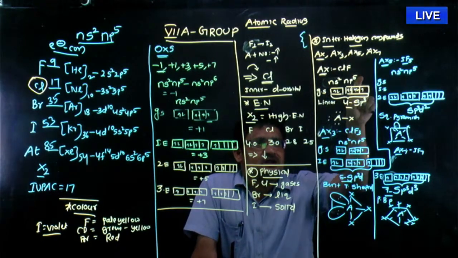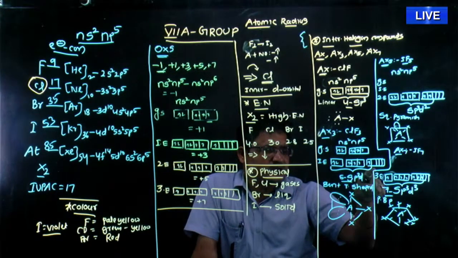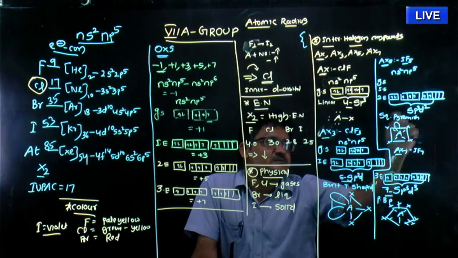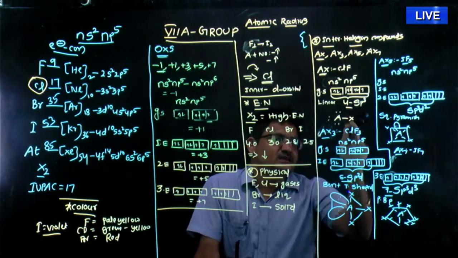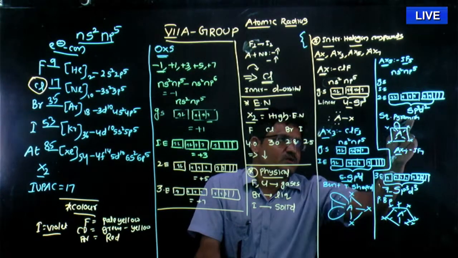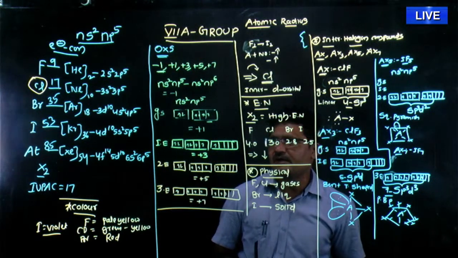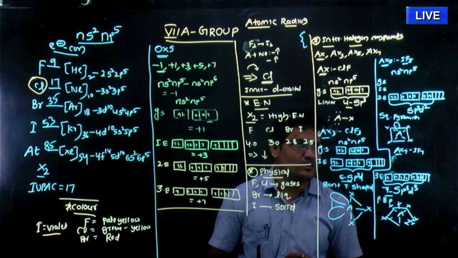AX means 1 unpaired electron, ground state, sp3. AX3 means 3 unpaired electrons, sp3d. AX5 means 5 unpaired electrons, sp3d2. AX7 is sp3d3. The shapes are linear, bent T-shaped, square pyramidal, and pentagonal bipyramidal. So this is the interhalogen compound.